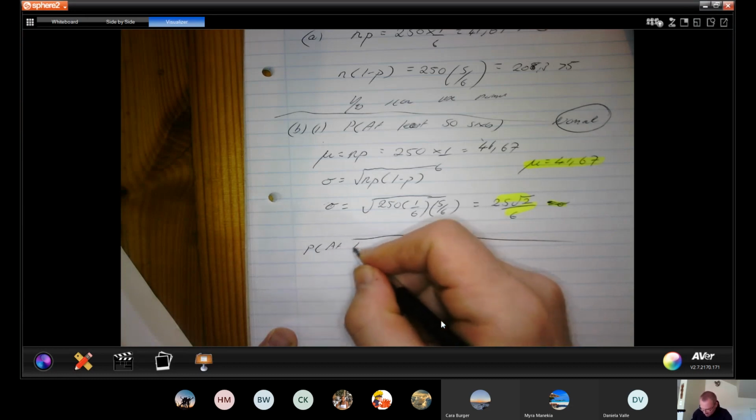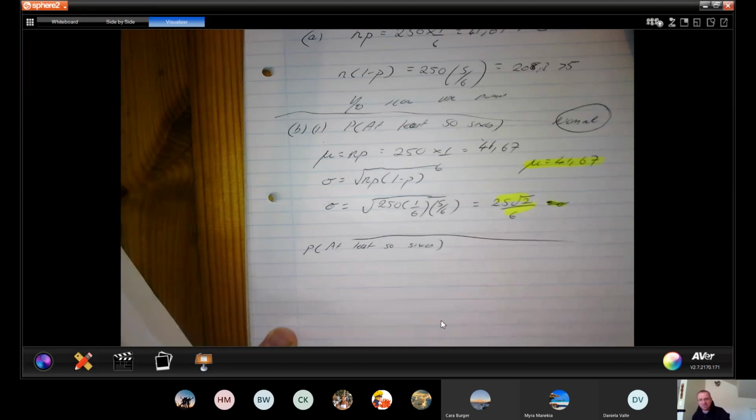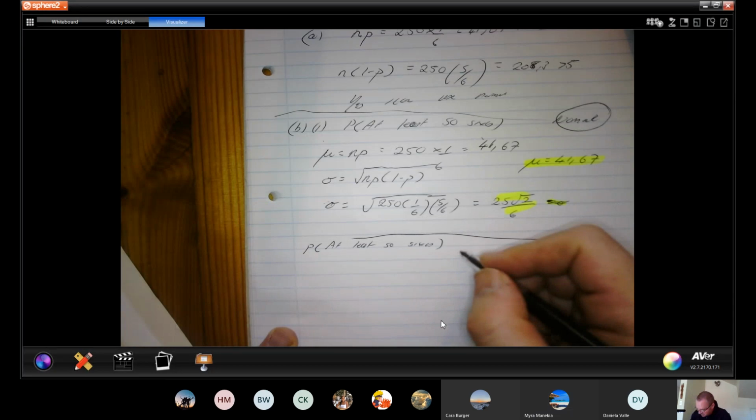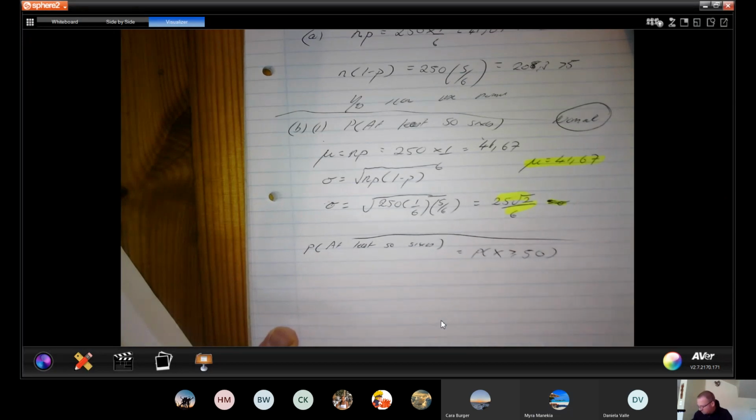At least 56s. So Myra, do I want 50 to be included? Yes, we do. In binomial language that's quite important, but it makes no difference really in normal distribution language. So I want the probability that x is bigger than or equal to 50, in binomial notation.